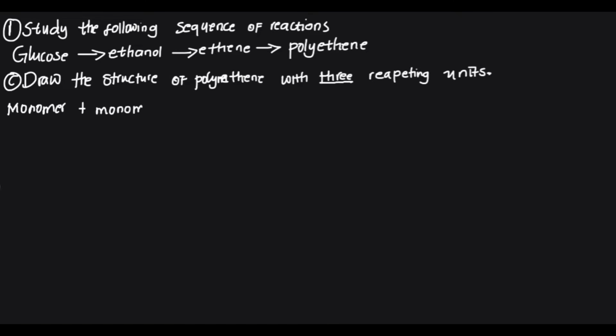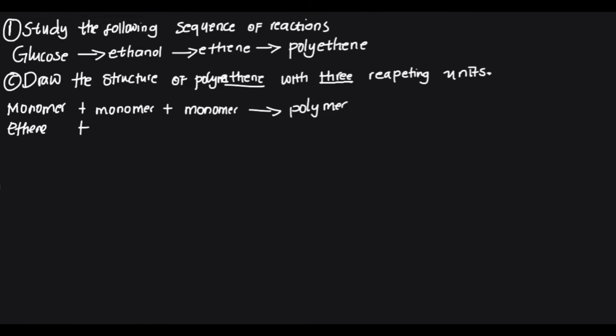If we add these three monomers, we are going to get a polymer, which is a large molecule. From the word polyethylene, you remove poly, then the remaining part represents the monomer. So here we are looking at ethene.